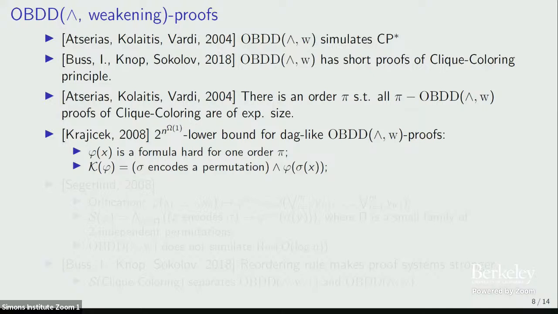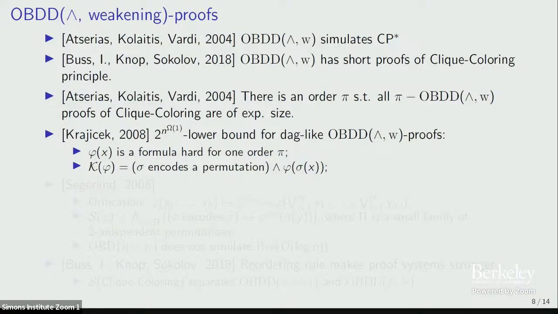The idea was the following: he devised a transformation. Assume that phi is a formula that is hard for one particular order pi. Krajicek devised a transformation that works, sketchily, as follows. He added variables that encode a permutation of variables. Part of the formula says that sigma encodes the permutation, and after it we add the formula phi with variables permuted by sigma.